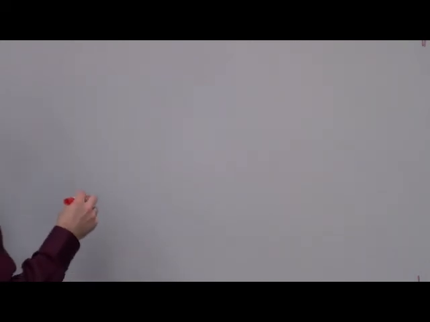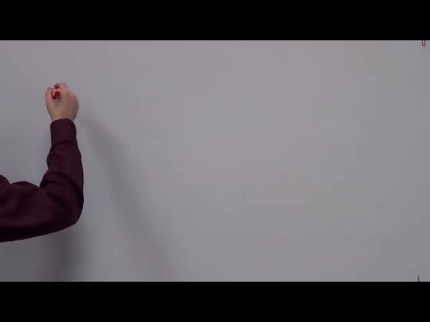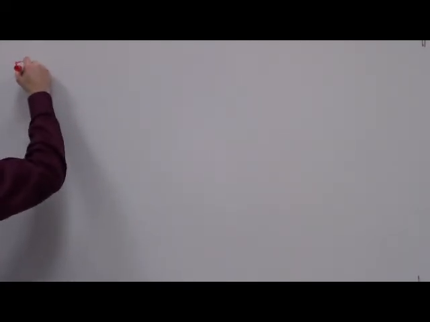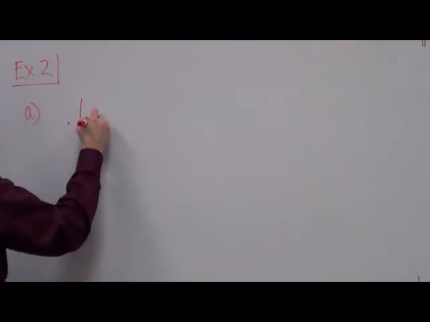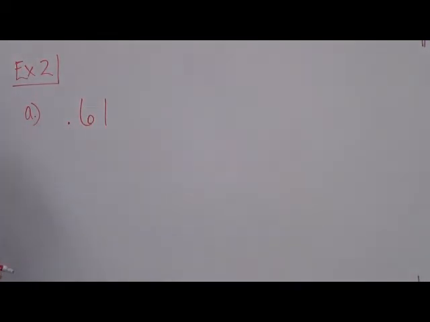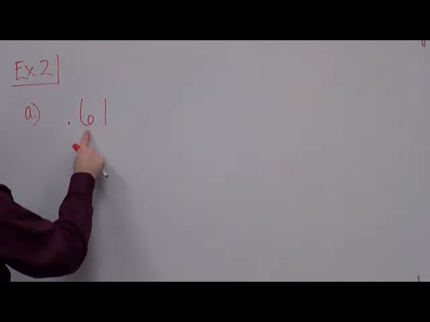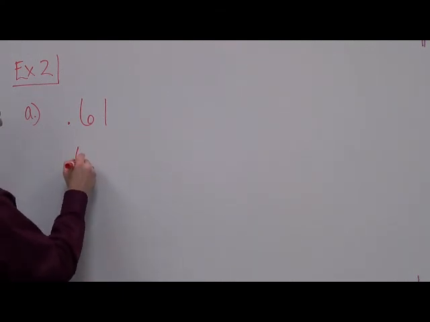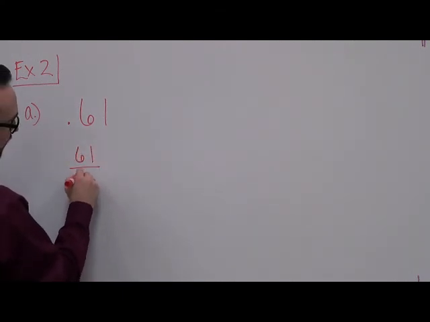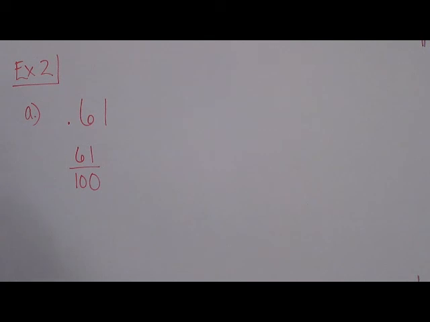So we'll just go over an example or two. If I gave us 0.61, and I said write that as a fraction, remember that this is 61 hundredths, so that means it would be 61 over 100. Okay, so that part's as easy as that.